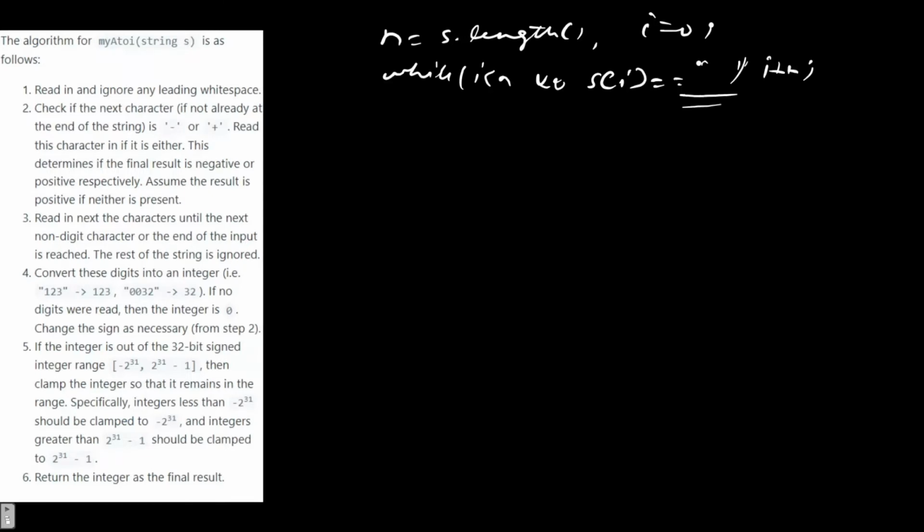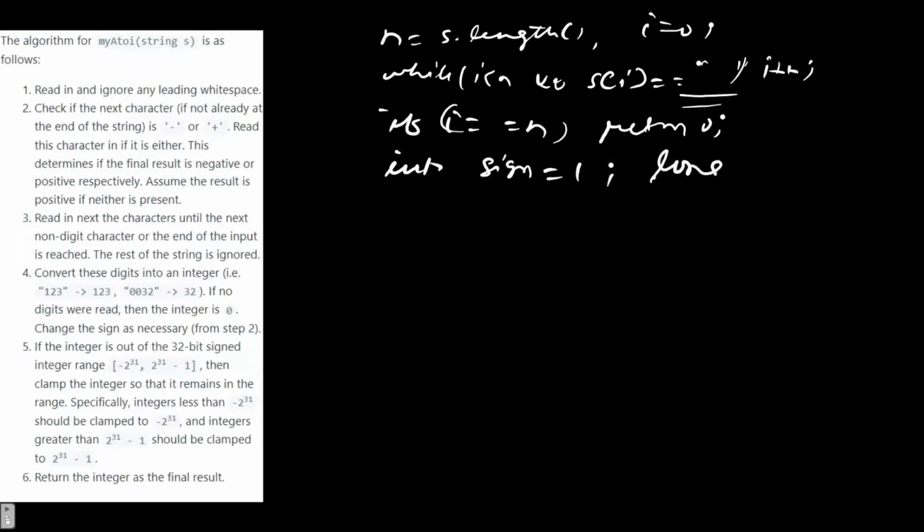For that we check if i is equal to n, then we have traversed all the elements and reached the end of the string, so in this case we will return 0. Then, as we did in the last video, we will create a sign equal to 1 at the start, and a long value for result, which is going to be 0 at the beginning.